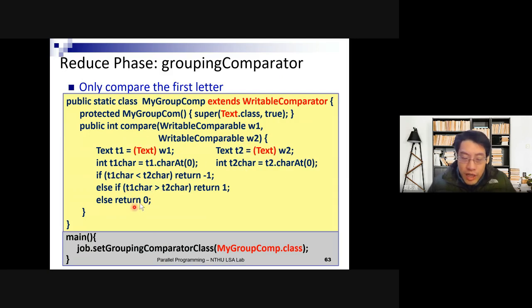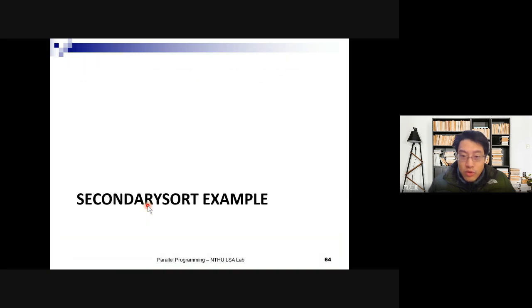And the result will be used to determine whether the values of those two keys should be grouped together. Actually, the result only matters whether it's 0 or non-zero. 0 means they will group together. Non-zero, they will not group together. So this can decide whether you want to group together or not.